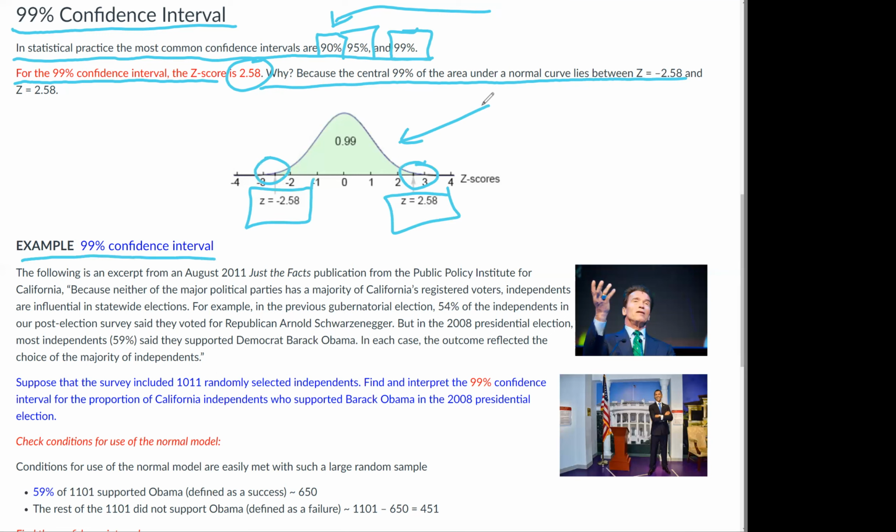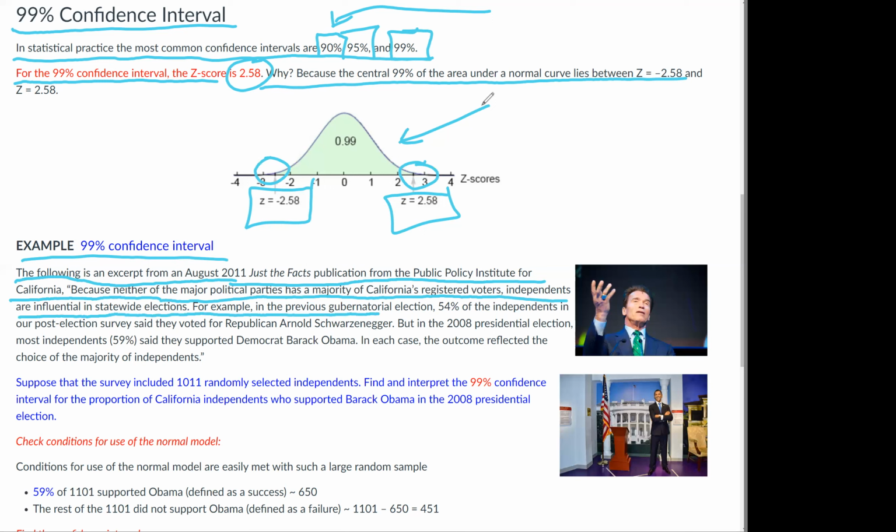So let's look at an example where we want to calculate a 99% confidence interval. The following is an excerpt from the August 2011 Just the Facts publication from the Public Policy Institute for California. The quote: because neither of the major political parties has a majority of California registered voters, independents are influential in statewide elections.